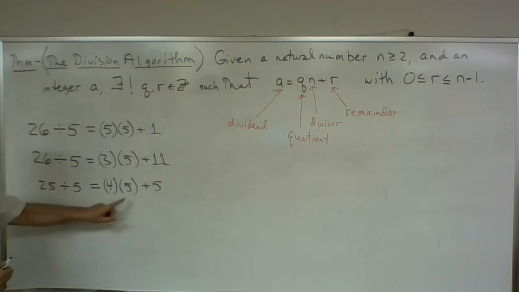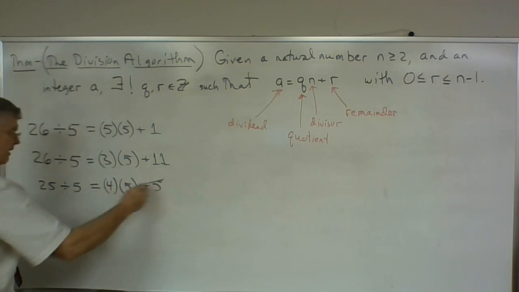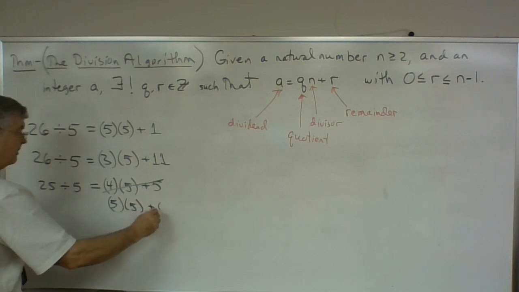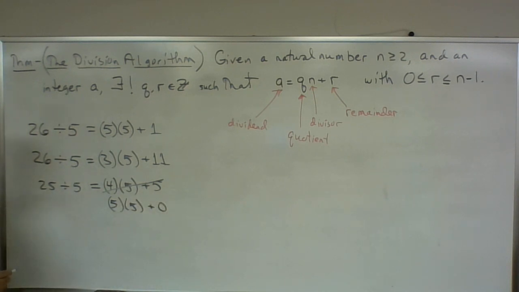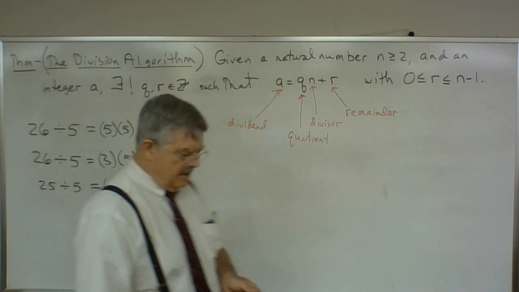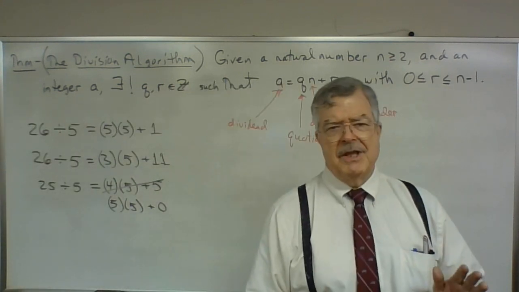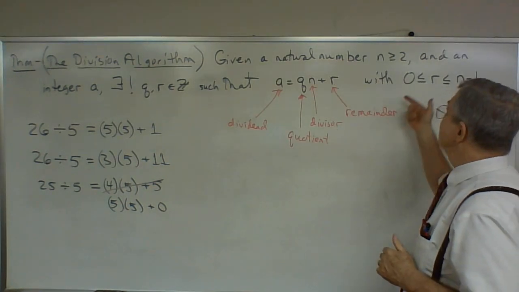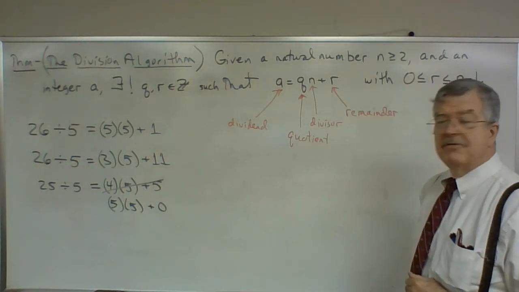They'd say, oh no, 5 can go into 25 one more time. Don't do that. It's 5 times 5 with a remainder of 0. Intuitively, we're familiar with the concept. We've just never had it explained to us precisely before.